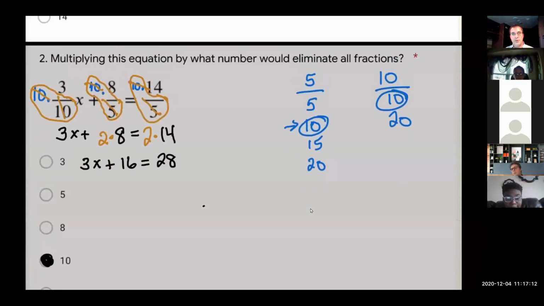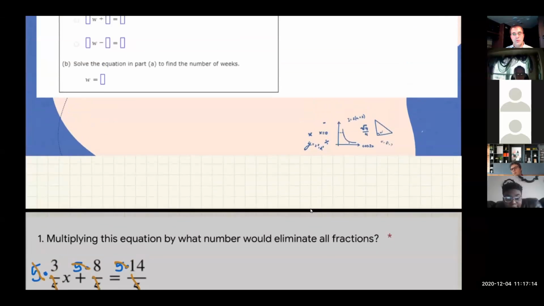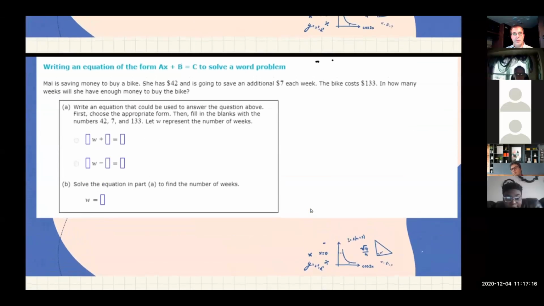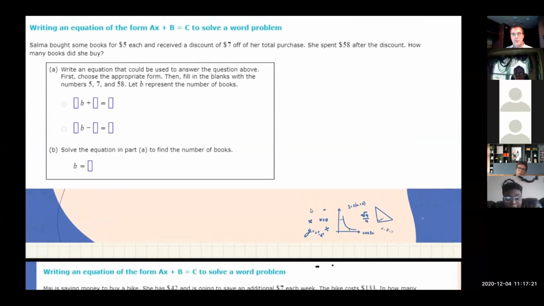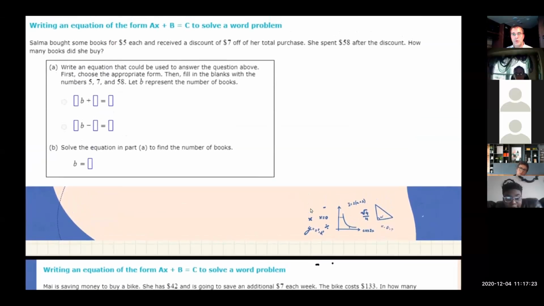I'll remind people that the two problems we did yesterday were this one and this one. Those are two story problems where we're reading the story problem. The big thing that we tried to really make important yesterday is that the word each tells us what number is going to go in front of the variable.